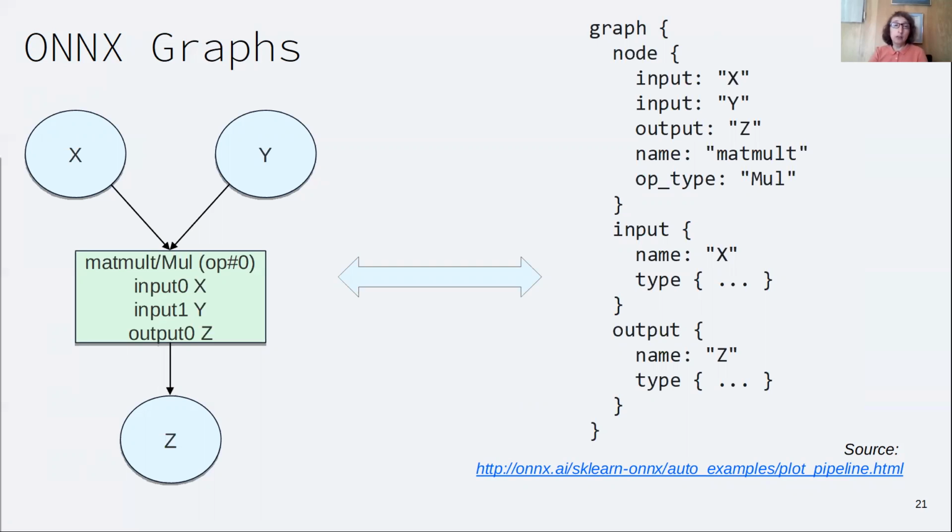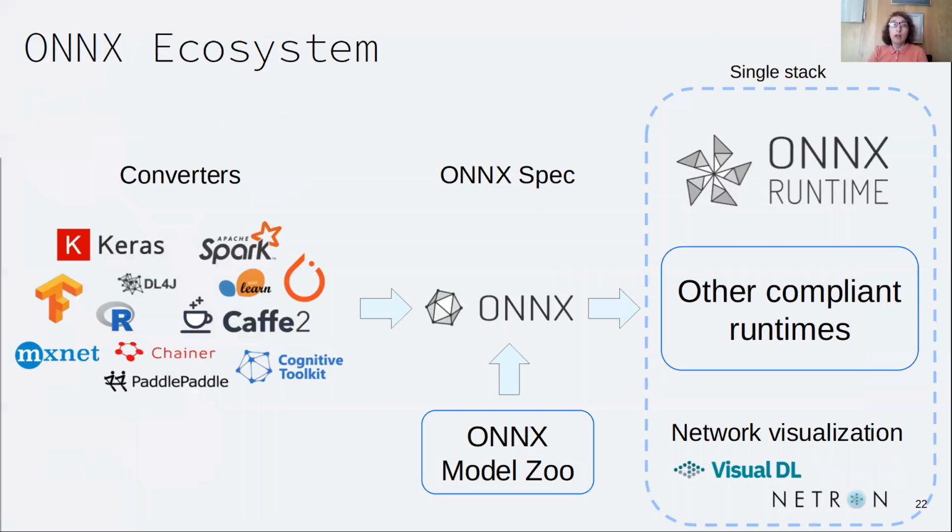And then there are tensors with all the weights, and all this is packaged into a single file. And there is a whole ONNX ecosystem, which includes converters from various frameworks, and the ONNX spec. There is also ONNX Model Zoo, which has many libraries.